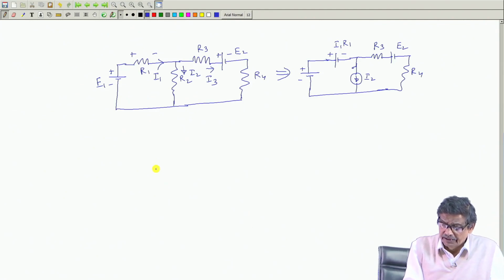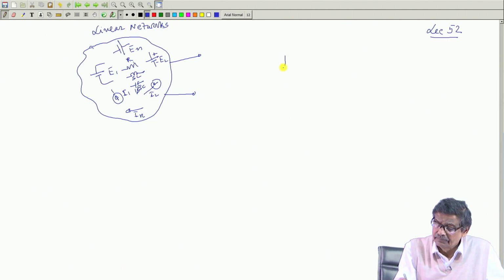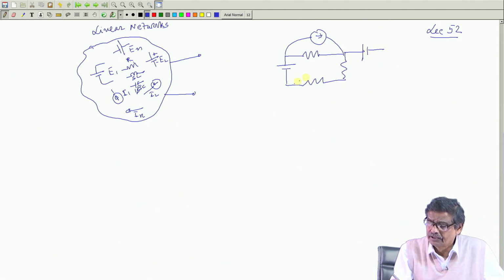Suppose you have, let me draw it here. You should not have any doubt about this. This is one source, this is another source, there is a current source, all connected inside. There is a resistance, another voltage source, and so on.